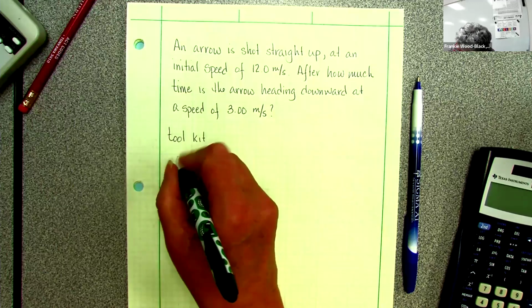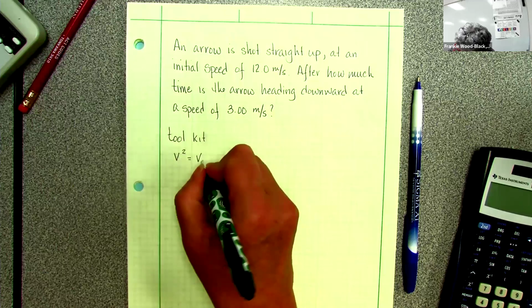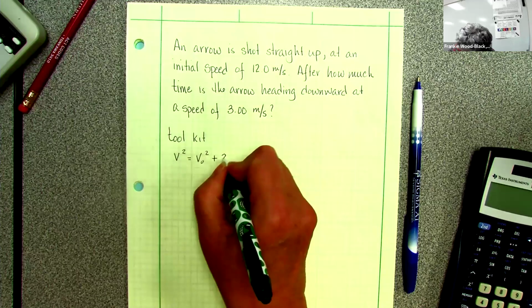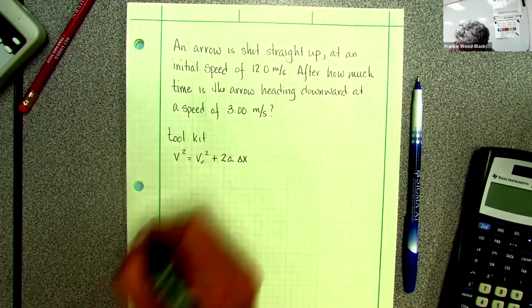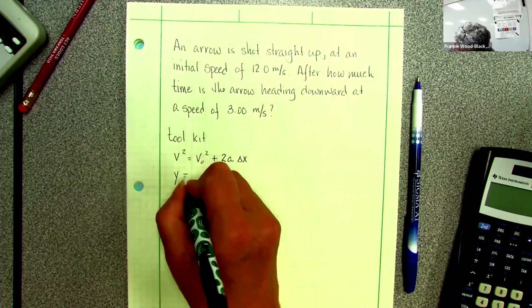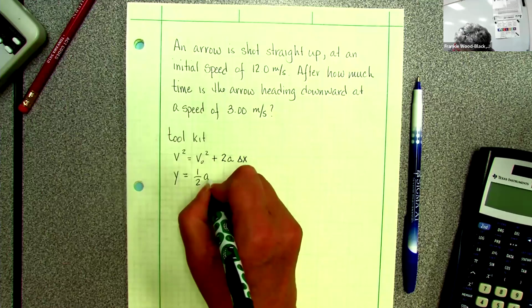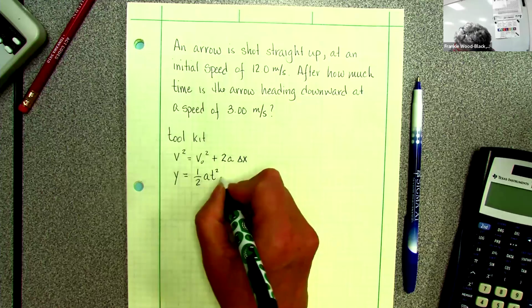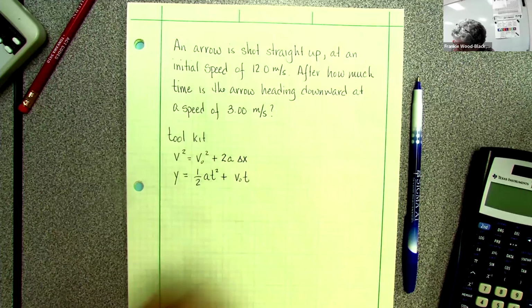We have that velocity squared is equal to initial velocity squared plus 2a times my change in position. We have y is equal to 1/2 the acceleration times time squared plus my initial velocity times time.